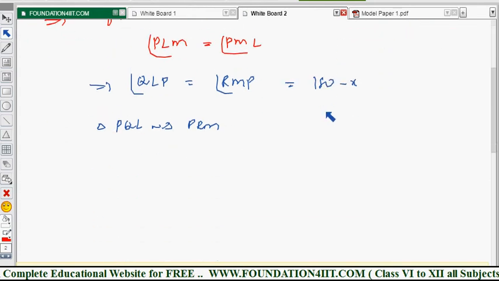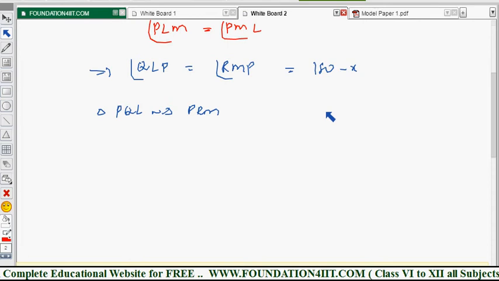Now whenever two triangles are similar, the corresponding sides of similar triangles are proportional. So using this we can write this statement. PQ by PR, corresponding sides are in the same proportion, so QL by MR, PL by PM.